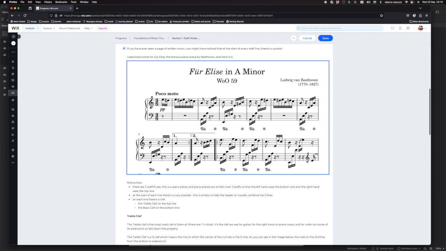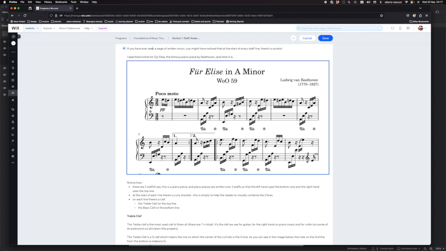Now you'll see these 2 types of clefs. This one kind of revolves around a line, going around it and up. This one starts with a dot on the line, and there's a little colon symbol over the line. So this bass clef is on the 4th line, and this treble clef is on the 2nd line. The design is different.